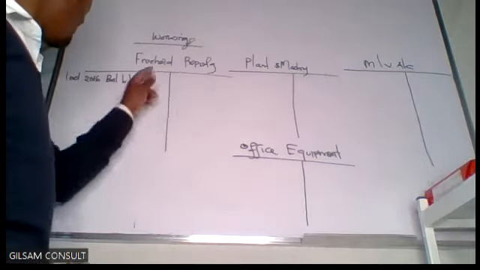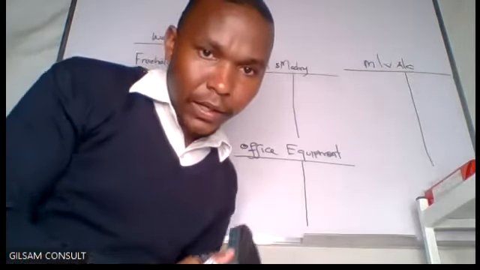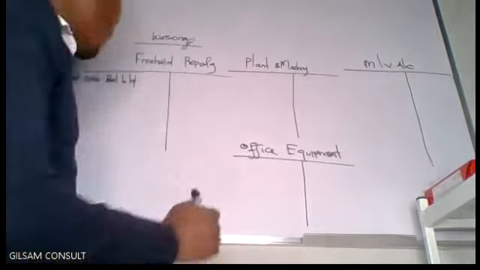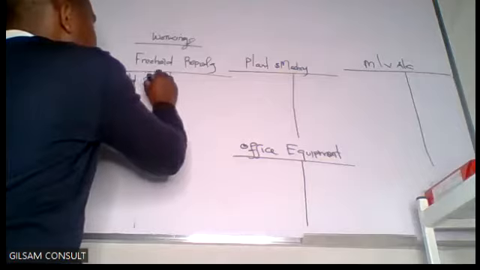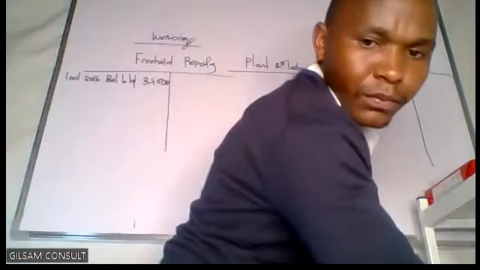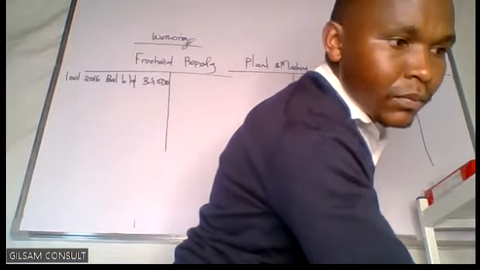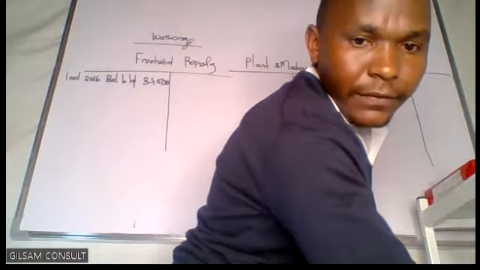Then we start with 1st October 2016, balance brought down ilikuwa ngapi? Balance brought down ya freehold land ilikuwa ngapi? Tunaisoma tu hapo, tunatumia cost, that 5,000.